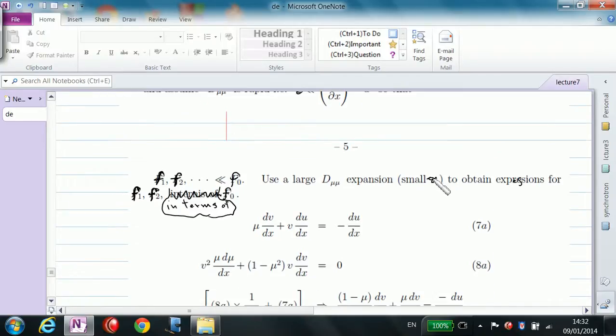We're going to assume the tau is small and equate terms and keep terms that are first order in tau.